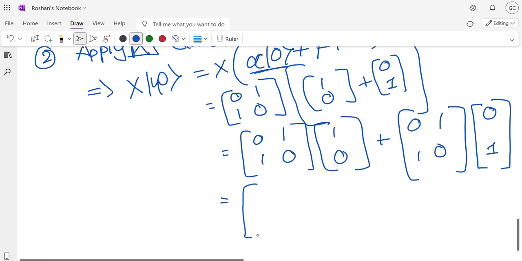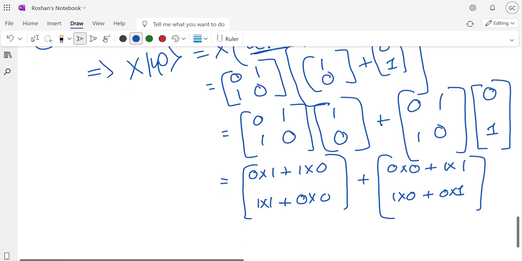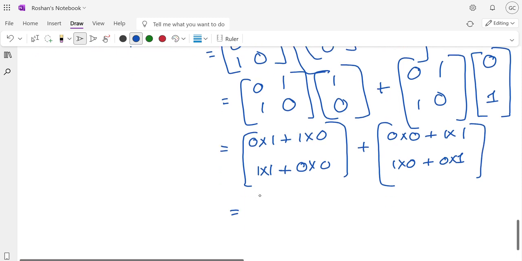Correct? What happens here? 0 into 1 plus 1 into 0, and 1 into 1 plus 0 into 0. Plus 0 into 0 plus 1 into 1, and 1 into 0 plus 0 into 1. Fine. Till here it is good. Now you can directly write the answer. It will be 0, 1 plus 1, 0.